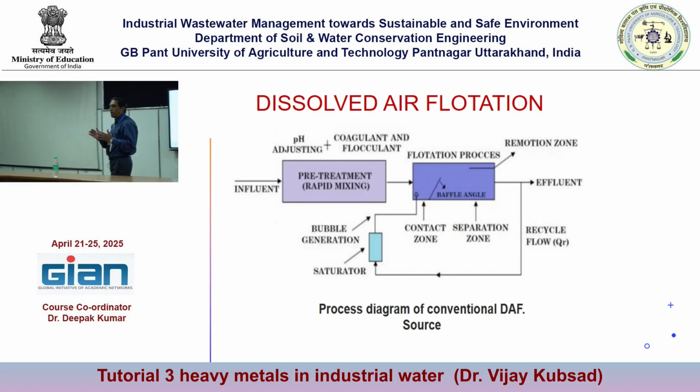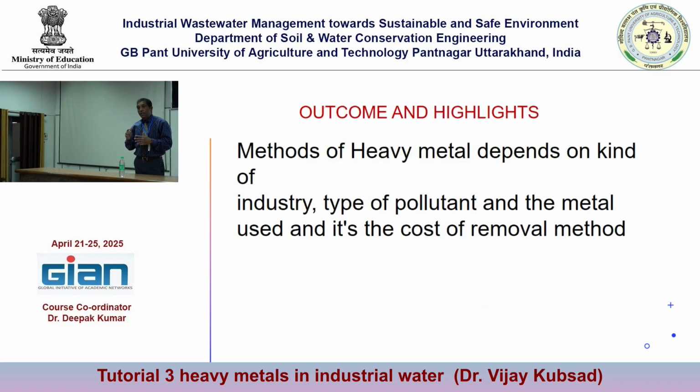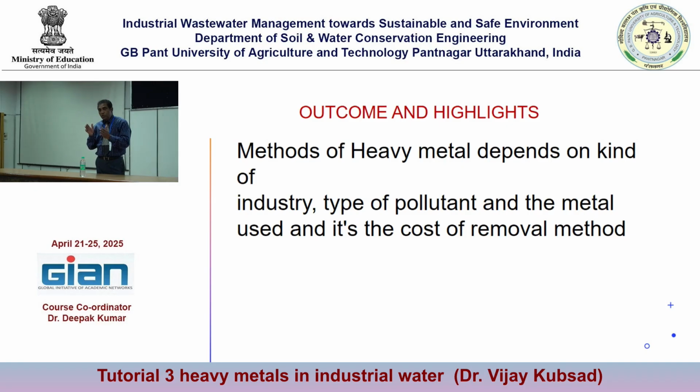Once you say that organic loading has to be reduced, then you have to adjust the pH, right? And you have to create an environment, but you are only adding the oxygen. Organic components are already there.